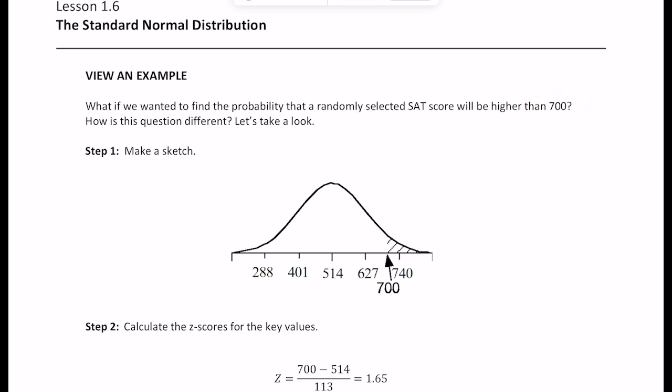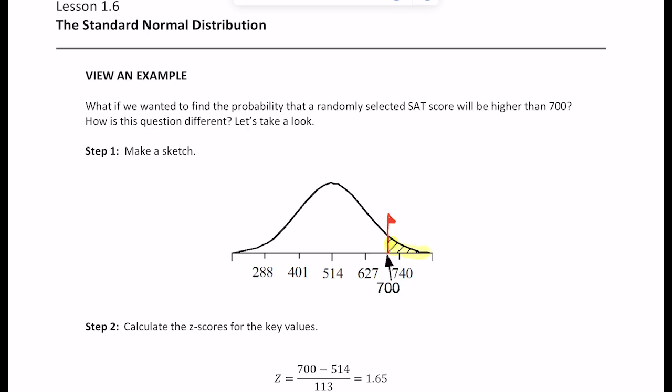So here we have our same problem, but this time we have our red flag right at 700. And this time I want to know what percentage of scores will be greater than that. So now there's no endpoint. There's no right bound. And I'm just looking for any value greater than 700.